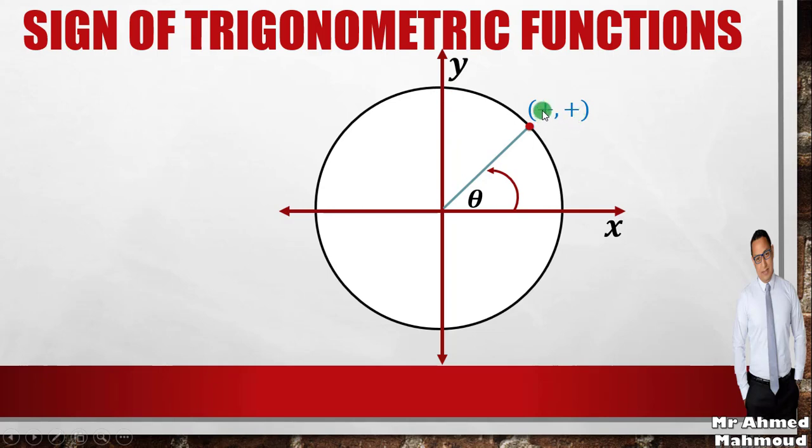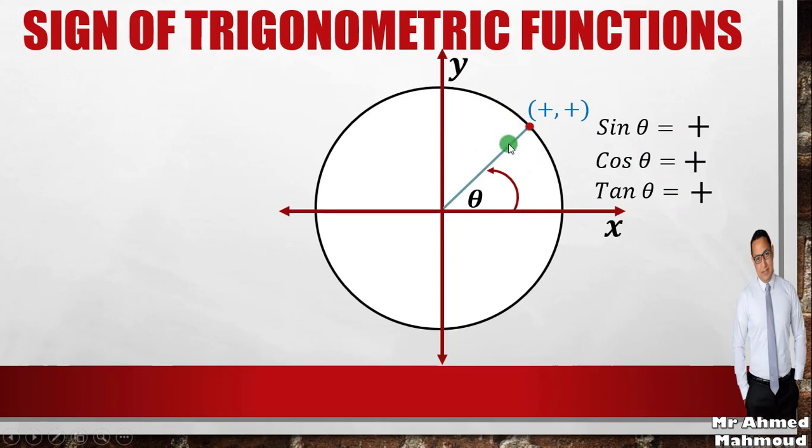Here this is the cosine and this is the sine. The cosine is positive and the sine is positive. So the sine is positive, the cosine is positive, the tan is positive over positive, which equals positive. So sine, cosine and tan, all of them are positive in the first quadrant.